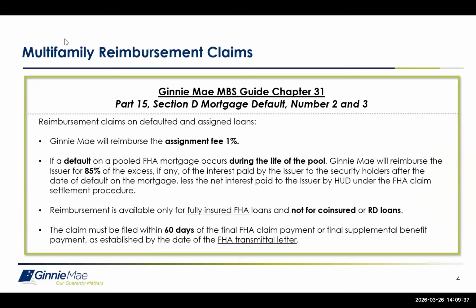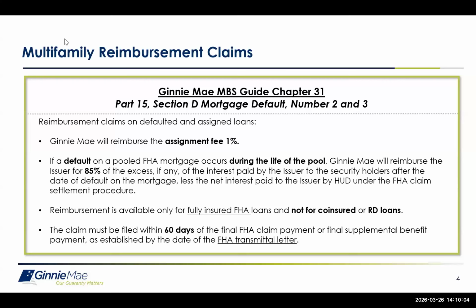Plus, you would get 85% of the excess. The reimbursements are for FHA loans. They can be construction loans or any of the permanent loans, including modified loans. But we do not have reimbursements for co-insured loans or for any RD loans.